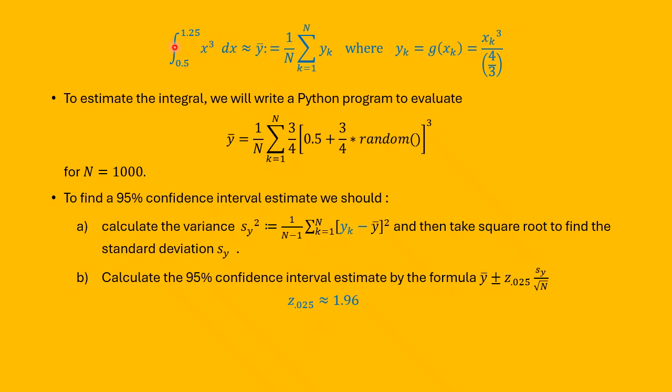So far we have that the integral from 0.5 to 1.25 of x cubed dx is approximately equal to the sample mean y bar, defined for a sample of size n as 1 over n, the sum k goes from 1 to n of y sub k, where the y sub k's in this sum are equal to g of x sub k, which basically is f of x sub k, this integrand here, divided by p of x sub k, the density function, which was constantly 4/3 for this uniform distribution.